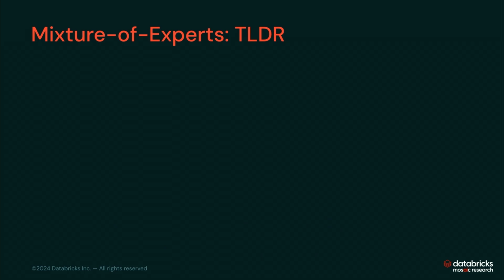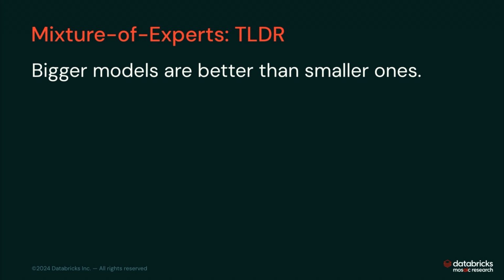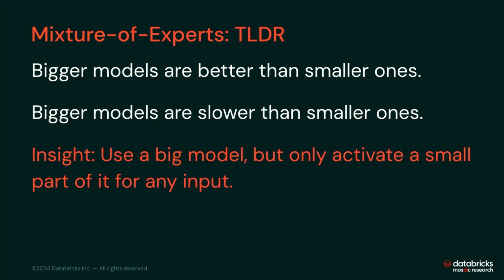Now, mixture of experts, the architecture change, we're going to dig in step by step. So basically, you can imagine that the quality of your model trends with the amount of compute you throw at it, right? So bigger models trained on more data are better. But the problem is when you serve these models, they get slower and slower, and you need more and more GPUs to host them. So they're more expensive to serve.